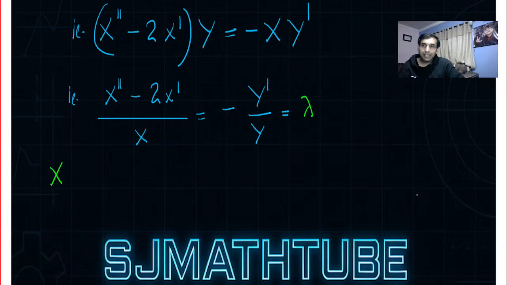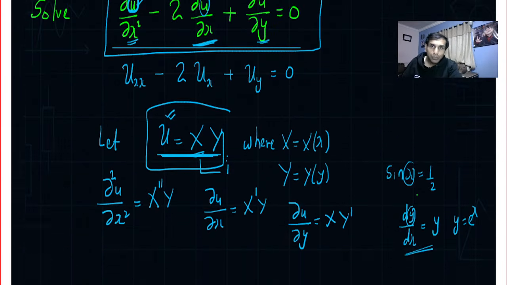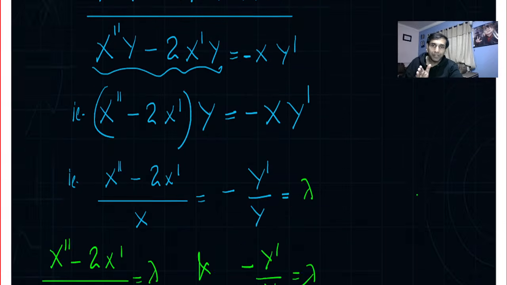So we end up like x double dash minus 2x dash by x is equal to lambda and minus y dash by y is equal to lambda. Once more, what we are doing is we are assuming our solution to be x into y. So we are going to hunt and find the values of x and y. Don't forget, we are assuming the solution to be x multiplied by y.